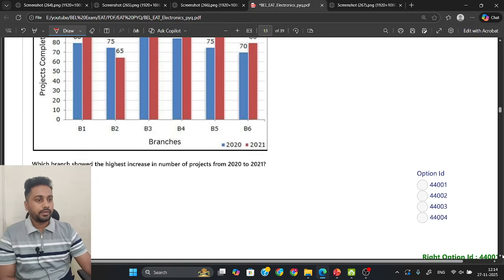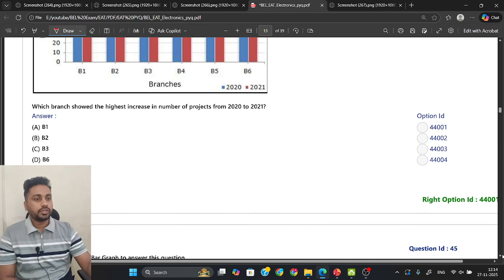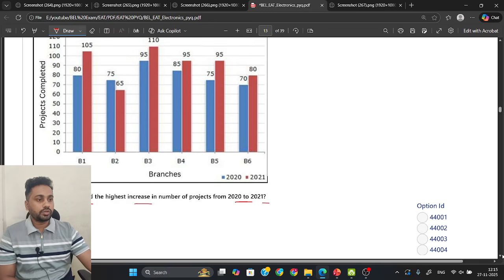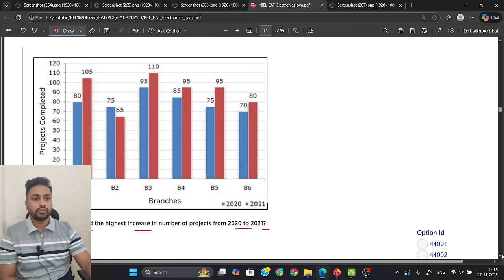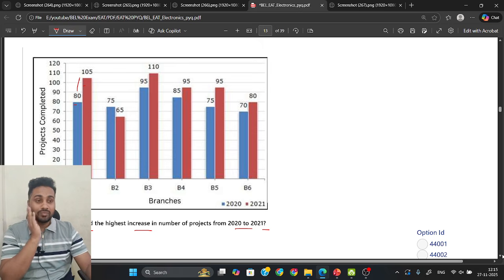Okay. Now the next one, which branch showed the highest increase in the number of projects from 2020 to 2021? If you take the difference for all from 2020 to 2021, 105 minus 80, it will be 25.